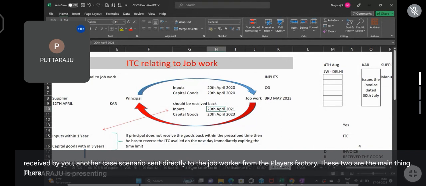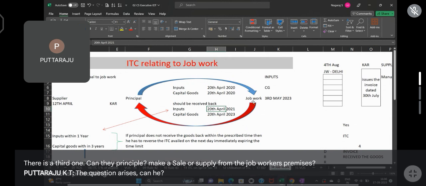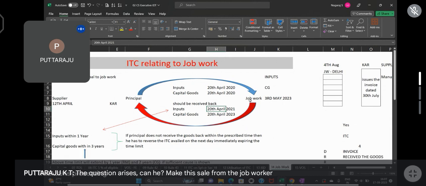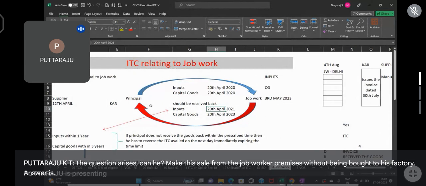There is a third one. Can the principal make a sale or supply from the job worker's premises? The question arises, can he make the sale from the job worker premises without being brought to his factory? Answer is yes.